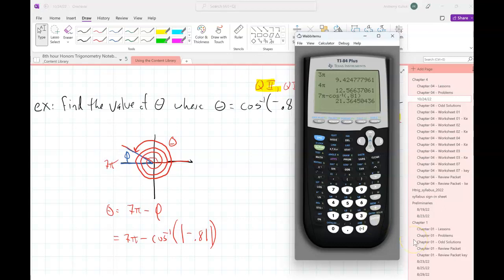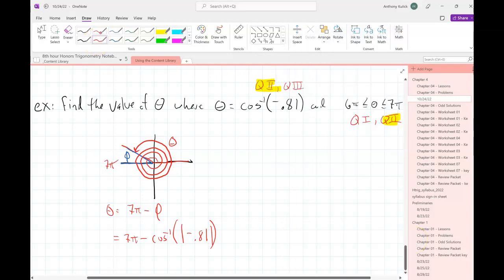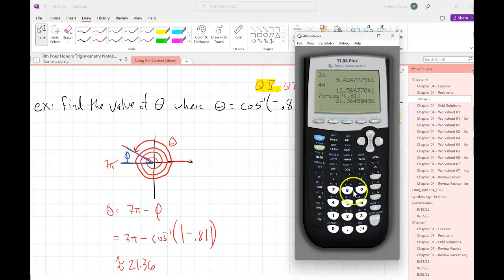So that's about 21.36. And we should check. So cosine of that answer does give me negative 0.81. 6 pi is smaller than that. 7 pi is bigger than that. So I'm convinced that is the correct answer.